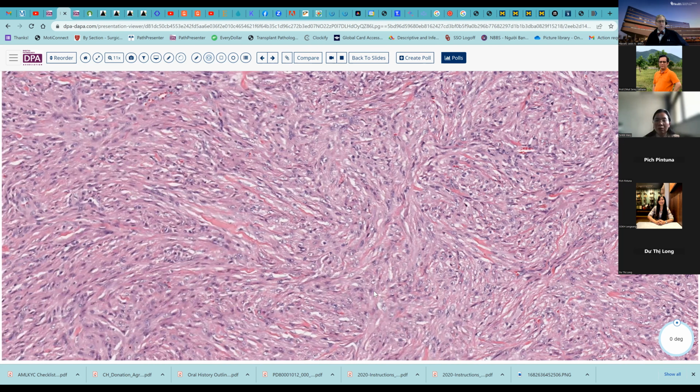And one of the reasons we have different morphologies with this, variable amounts of inflammation and so forth, is that this is a lesion that has a sort of time course. Over time, it will appear somewhat different as it matures or as it becomes more uniform.